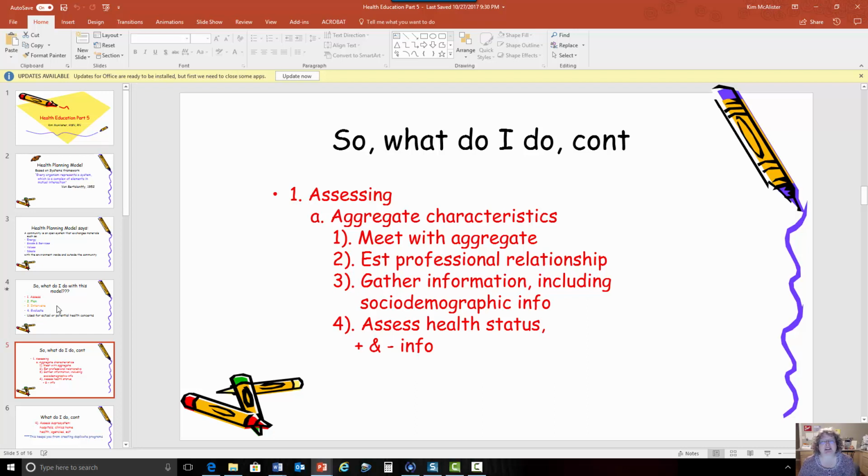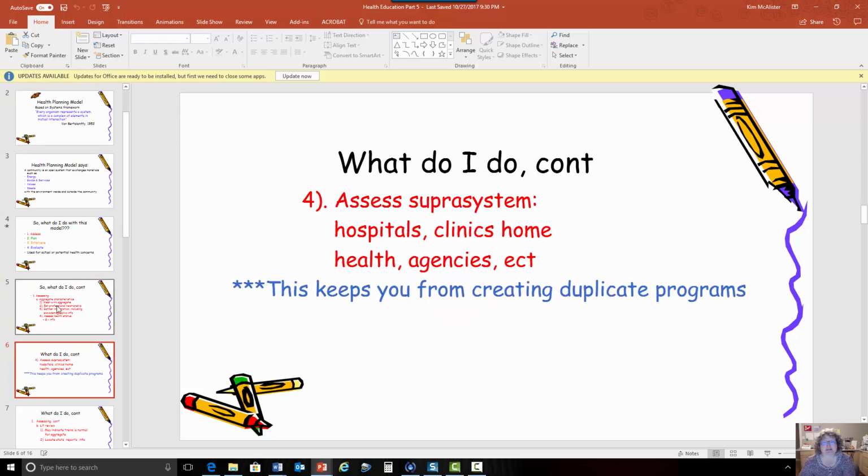You also want to look at what the health status is of the community. You want to look at the strengths and the weaknesses of the community. You also want to assess the super systems. What healthcare structures are there? Are there hospitals? Are there clinics? What kind of services do they provide? Are there home health agencies? Are there other support agencies in the area?